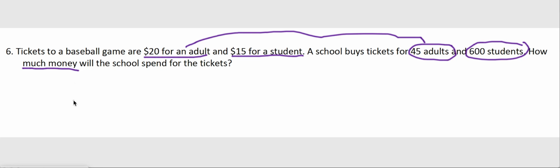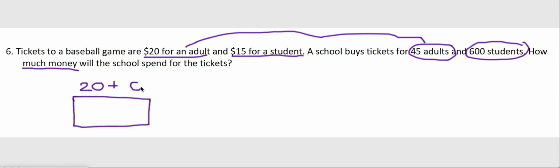So expanded form, we always start off with a rectangle, and then we're actually going to write both of our numbers from the word problem on the top and along the side here. So I'm going to take the amount of money for an adult, which is 20, and I'm going to write that out in my expanded form.